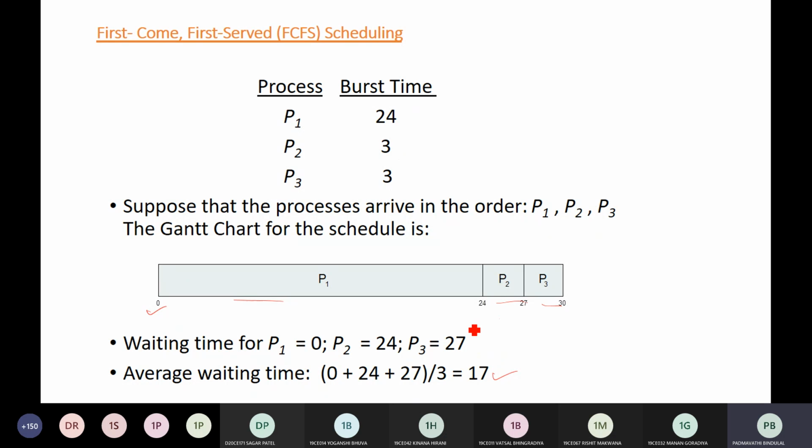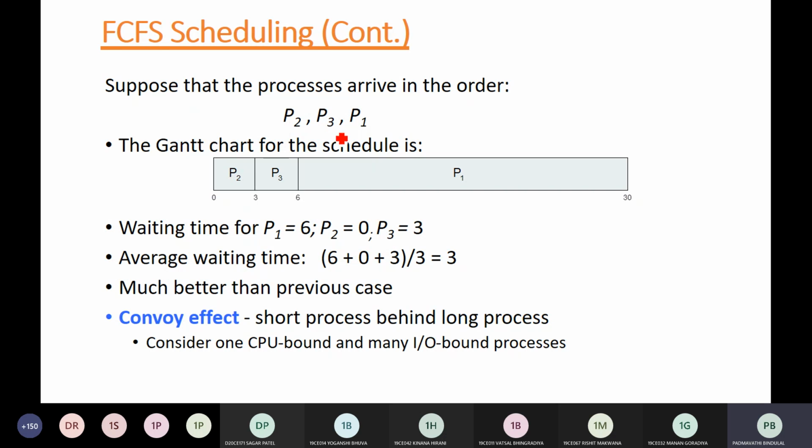Now, taking the same processes into consideration, just change the order of execution. Instead of executing P1, P2, P3, you execute in this order: P2, P3 and P1. Now you see the average waiting time after changing the order will be quite low.